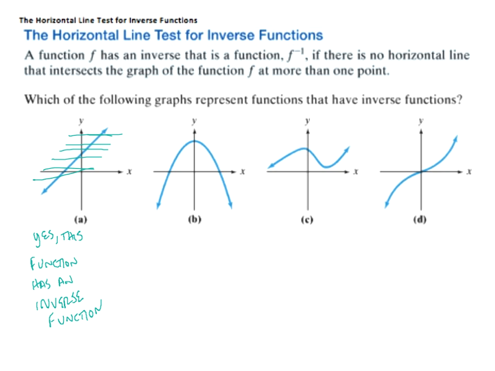Well, B is a parabola, so no, it does not pass. C, no. And D looks like a version of the cubic, and yes, its function does have an inverse function.